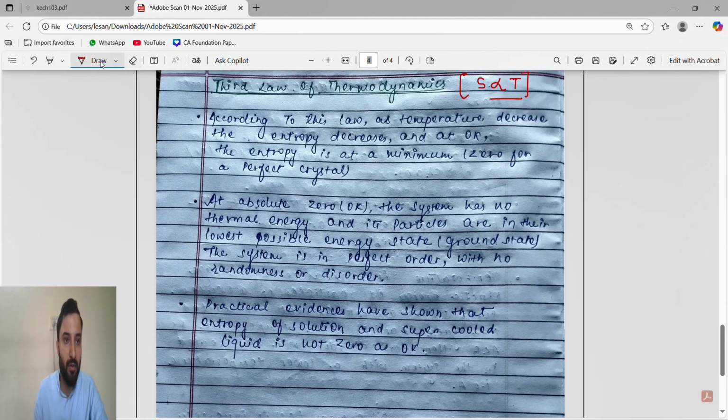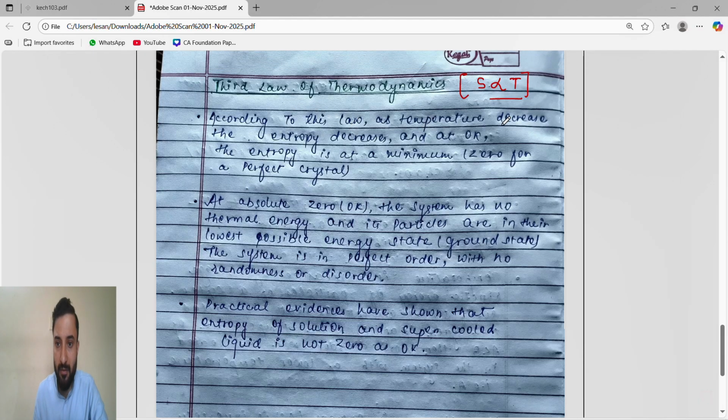According to the third law of thermodynamics, as temperature decreases, the entropy decreases, and at 0 Kelvin the entropy is minimum. Minimum means 0 for a perfect crystal.